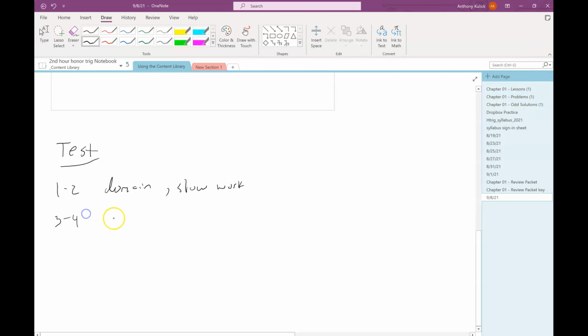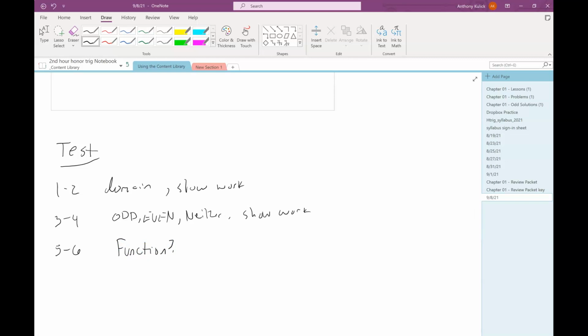And then we'll have 2 questions of odd, even, neither, again, you should be able to give me some work as to how you got that. Two questions about determining whether something represents a function or not.